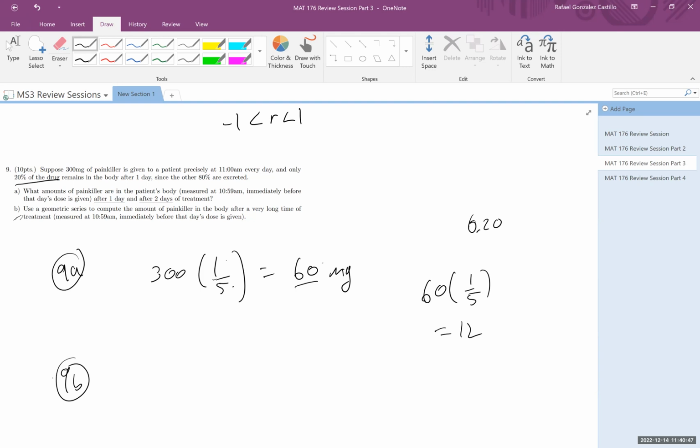As far as the solution for the second day, you're going to have 300, because I'm assuming here that another dose is given right before the second day. After the first day, we only had 60 milligrams left. That's 300 times 1 over 5. Now, after the second day, you should have that same dose given plus what remained from the day before.